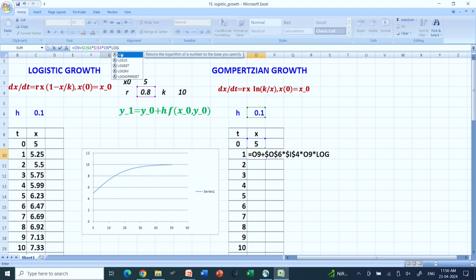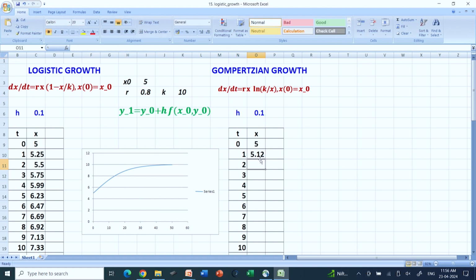So you will use log, which is log to the base e, log of k, which is 10, and it is a constant, divided by x0. And I drag this.